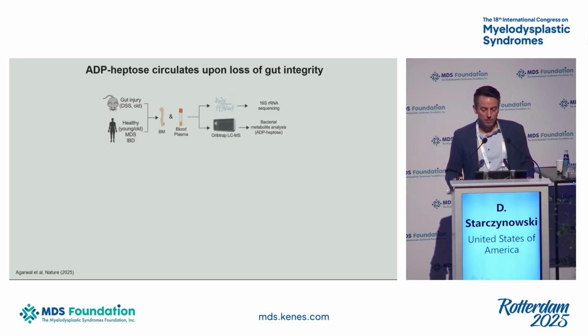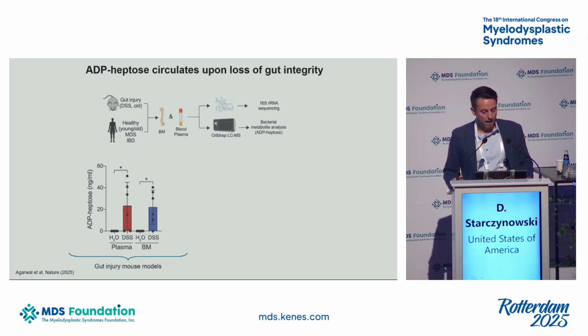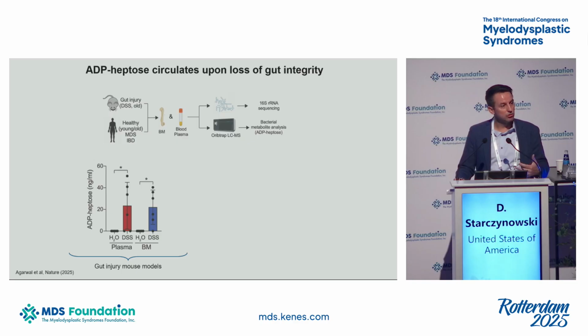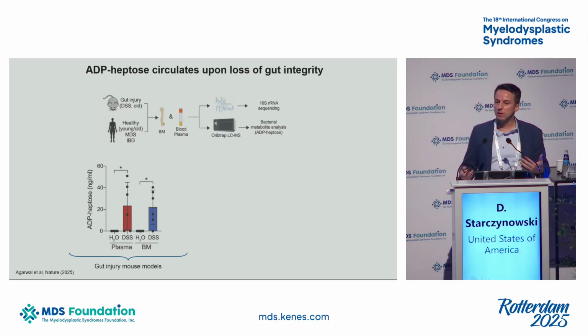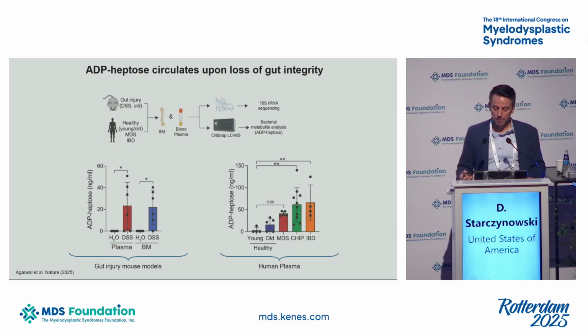We used mass spec to first measure the circulating ADP-heptose. You can see here in the plasma and also in the bone marrow, in mouse models of gut injury, where we injured the gut with DSS, an expansion and increase of ADP-heptose in the circulation. In healthy mice, when we don't damage their gut, there's essentially no detectable ADP-heptose in the circulation.